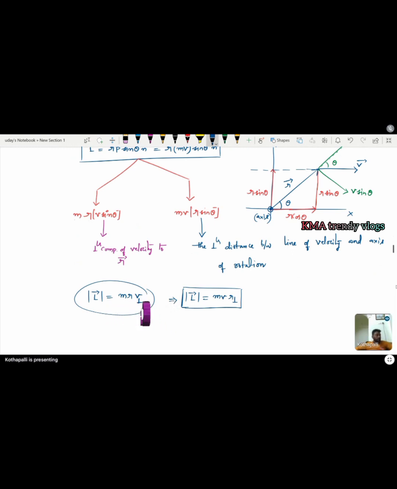Remember, any formula that we can use according to the given data in the question. There is no rule like we must use only this formula or that formula. From the starting of angular momentum to the ending part of angular momentum, whatever formulas we have discussed, all the formulas are applicable according to the given situation. But we need to pick the right formula for the right question. That only comes from practice.